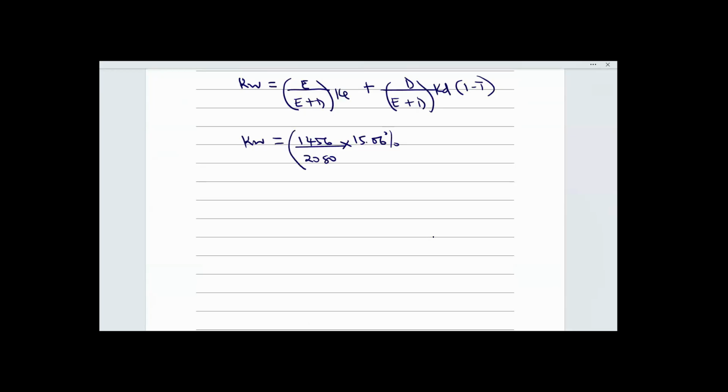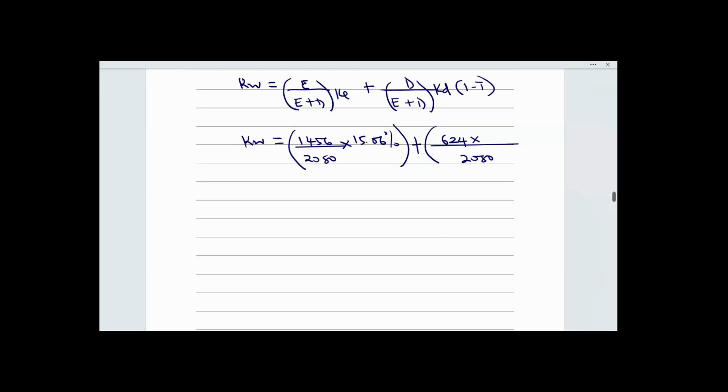Then for the right, the debt value is 624 million over total value, 2080, multiplied by cost of debt.